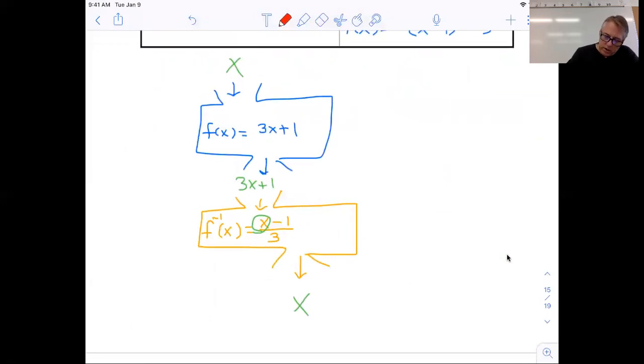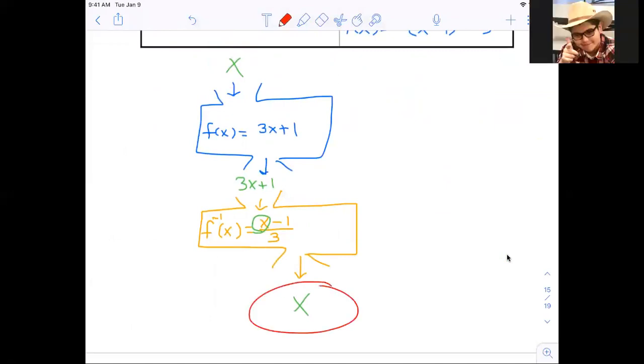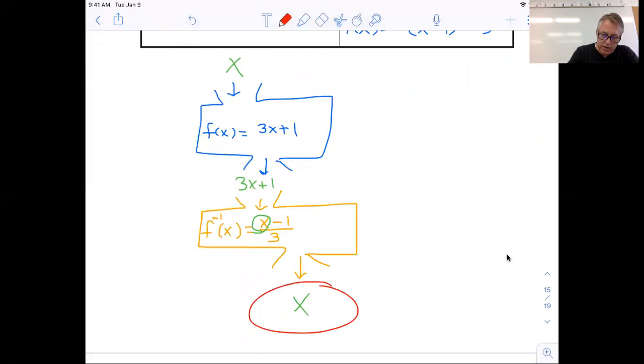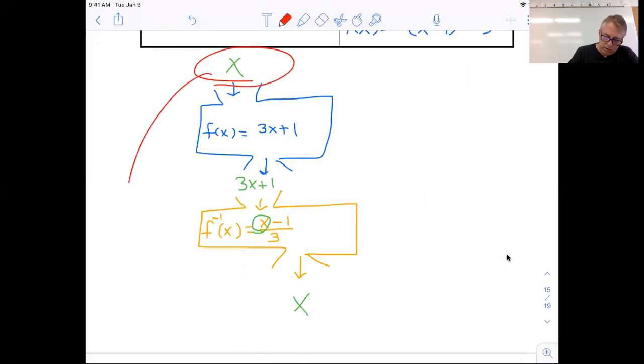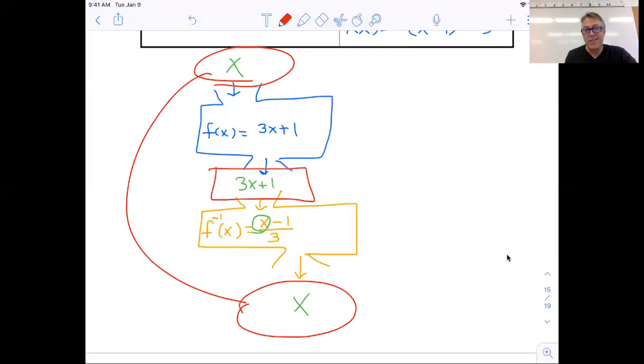And one thing that I want to point out here is that this is the domain of the function, and that becomes the range or output of the inverse. So the domain of the function is the range of the inverse. And the range of the function is the domain of the inverse.